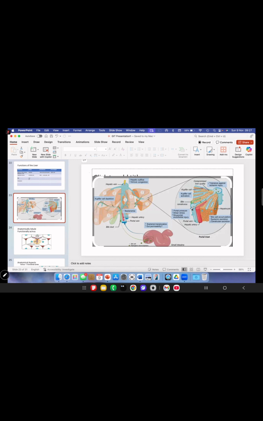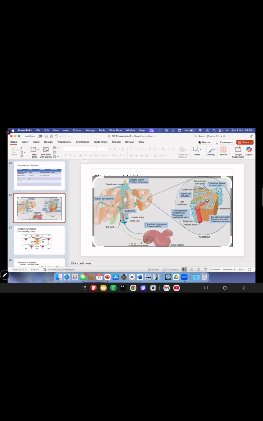Again, go back to your portal triad and the central vein here. Now, whatever you eat comes from the gut wall in this direction and is sent in this direction, to the veins basically, and to the heart. So this is the pathway.